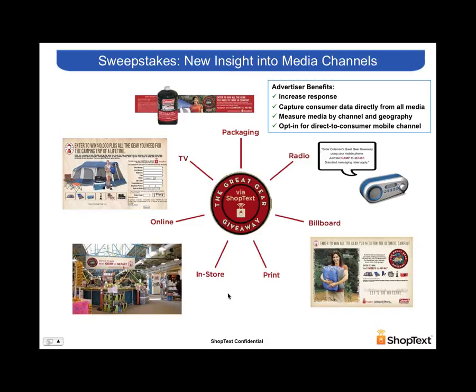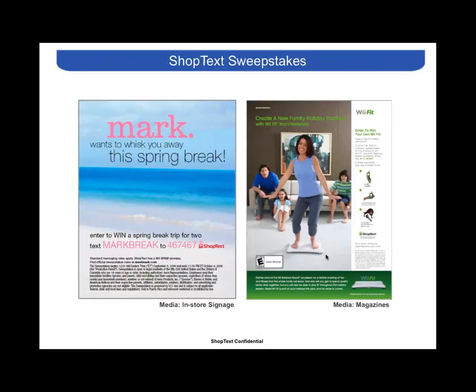Some of our clients have used literally 28 keywords to track their sweepstakes entries. Coleman here does the Great Gear Giveaway every year. Even on the website, you could text camping to enter that form instead of typing it in on the web. They had it on propane tanks, 5 radio markets, 5 newspaper markets, sweepstakes for the Wii.